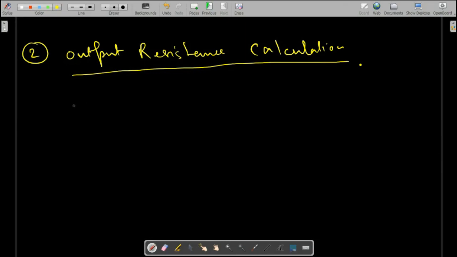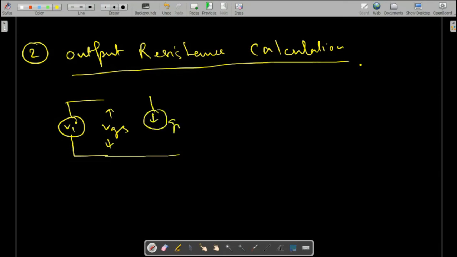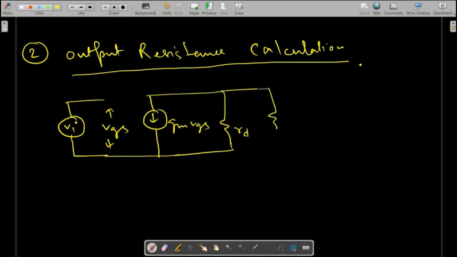Again, draw the model. Here we have VI. This one is the VGS. This side we have GM VGS. This side we have RD. And here we have RL.